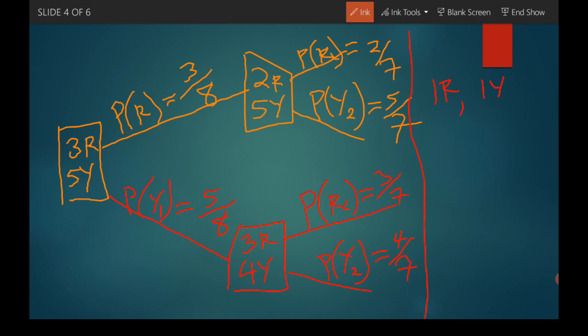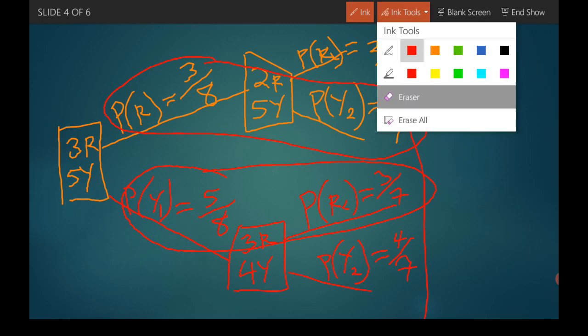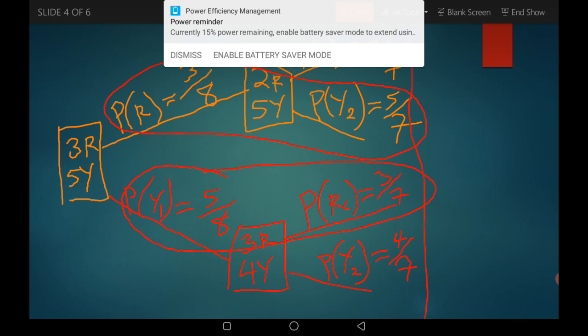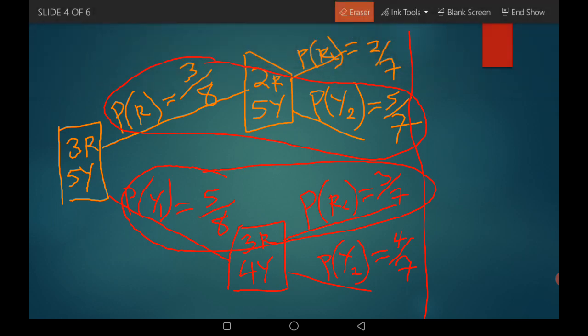We can pick the red first and then the yellow on the second picking. At the same time, we can pick the yellow first and on the second picking we pick the red. So since we don't have a particular order here, in case there are two different paths, you get the probabilities of each path, and then afterwards you add them.